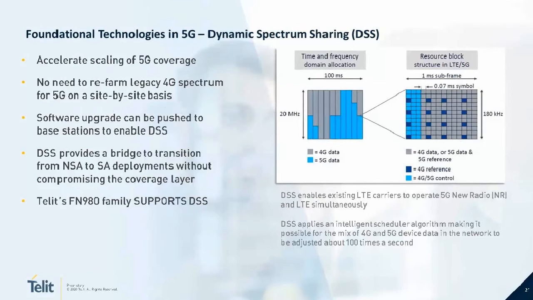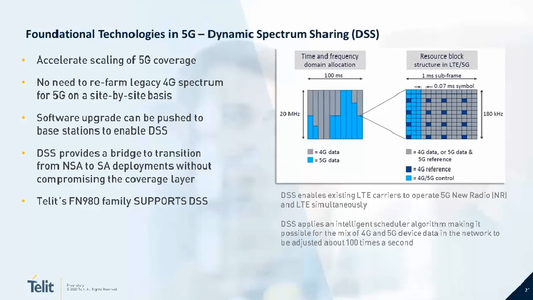So DSS is a new technology where the network allows the device to support 4G, LTE, and 5G simultaneously. Without going into too many details of the graph, I just want to say that the network becomes smarter and figures out, in these boxes on the right, the dark blue is the 4G reference signal, and the light blue is the control for 4G and 5G.